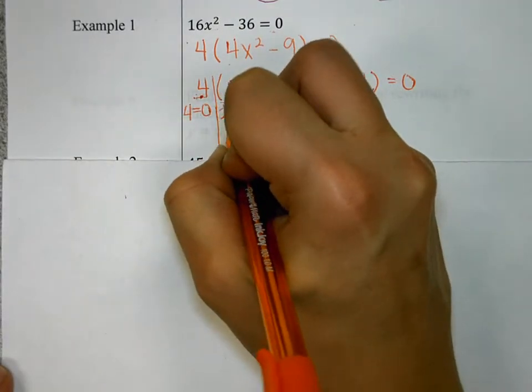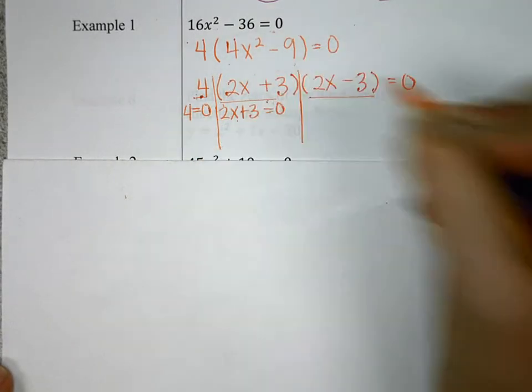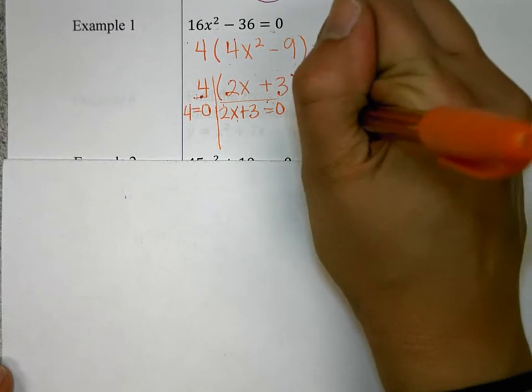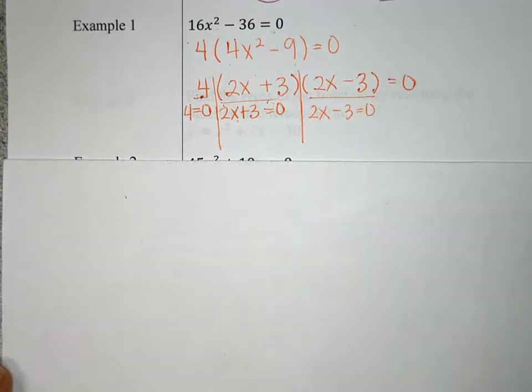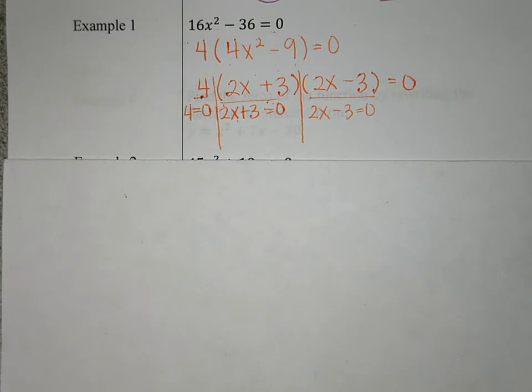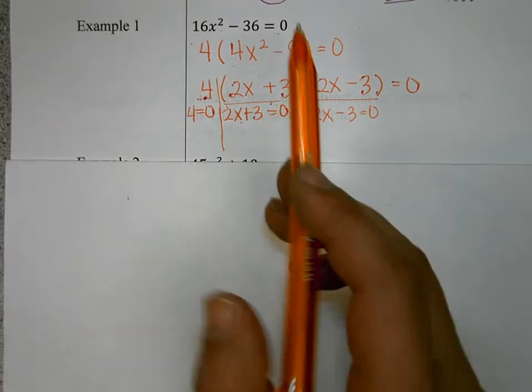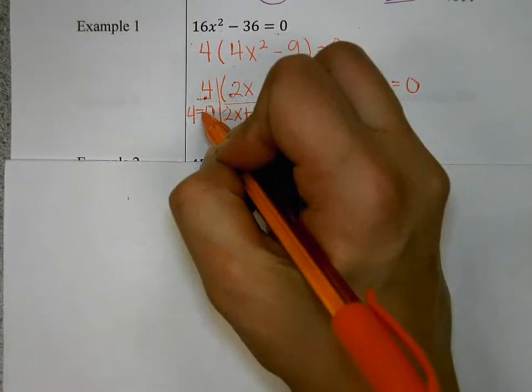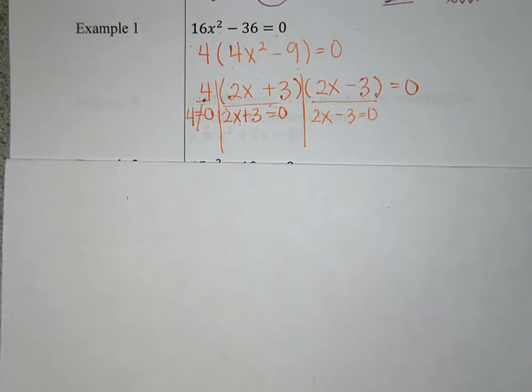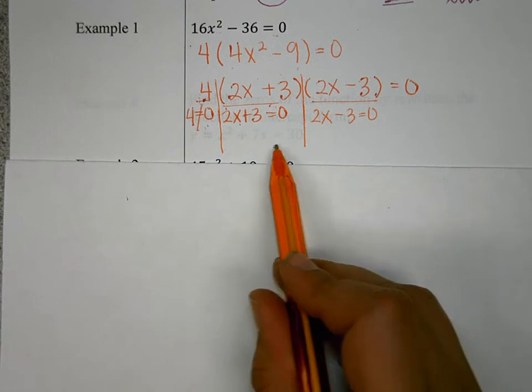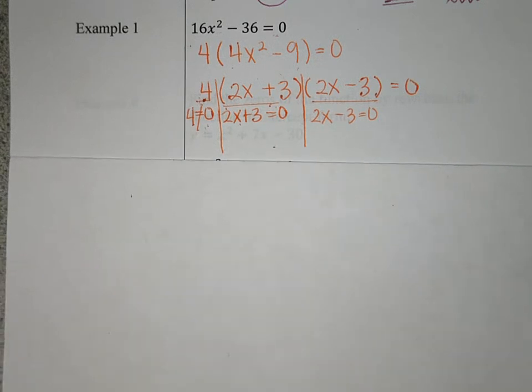We have 2x plus 3 equals 0. And 2x minus 3 equals 0. So typically, however many factors I have, that's how many answers I will get. However, when we have a GCF that's a factor, obviously 4 can never equal 0, so that's not going to be possible. So in this case, we'll actually only have 2 answers.